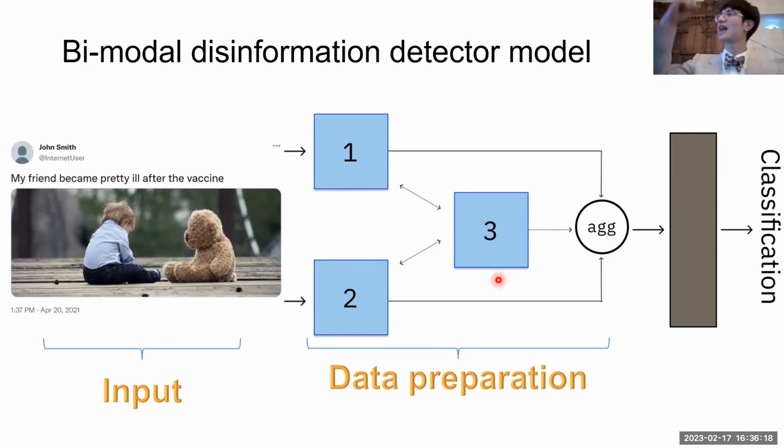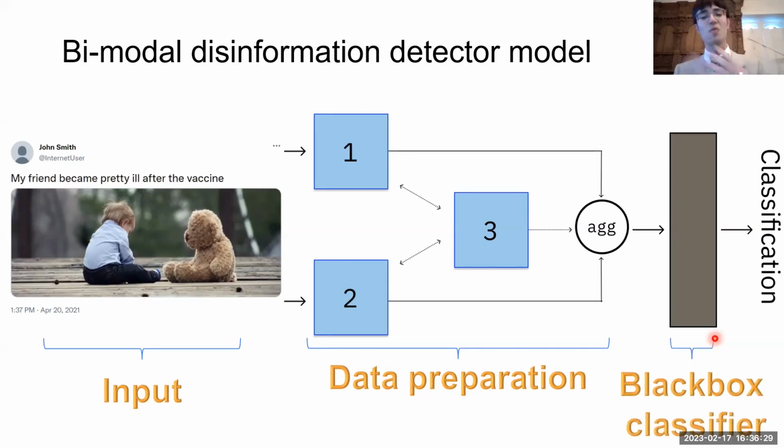So something that either looks at how modality 1 would combine with modality 2, how they communicate, or how they may not communicate, and that's also important. And of course, then we aggregate them here, and then we send them through a black box classifier, which we have very little understanding of, but we know can, in some ways, take this prepared data and give us a classification.